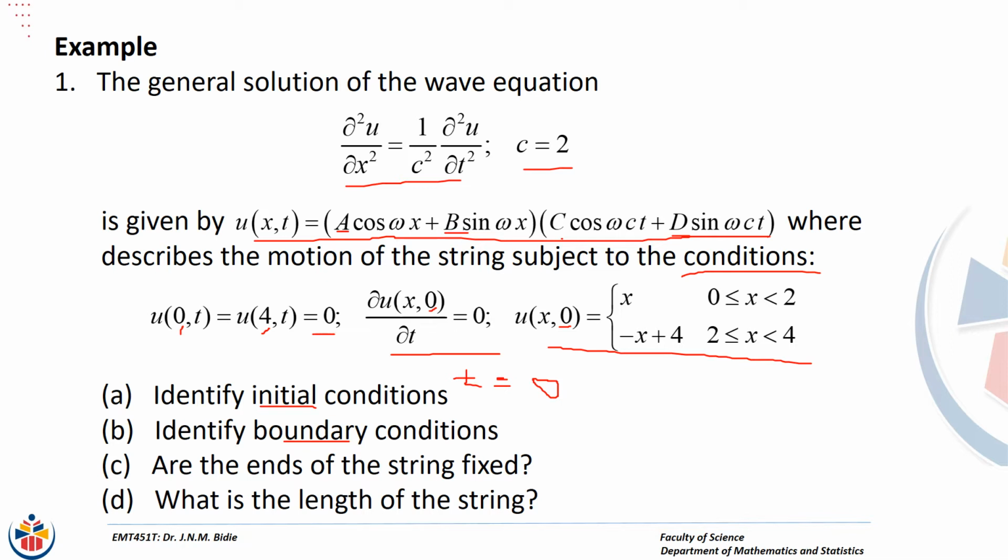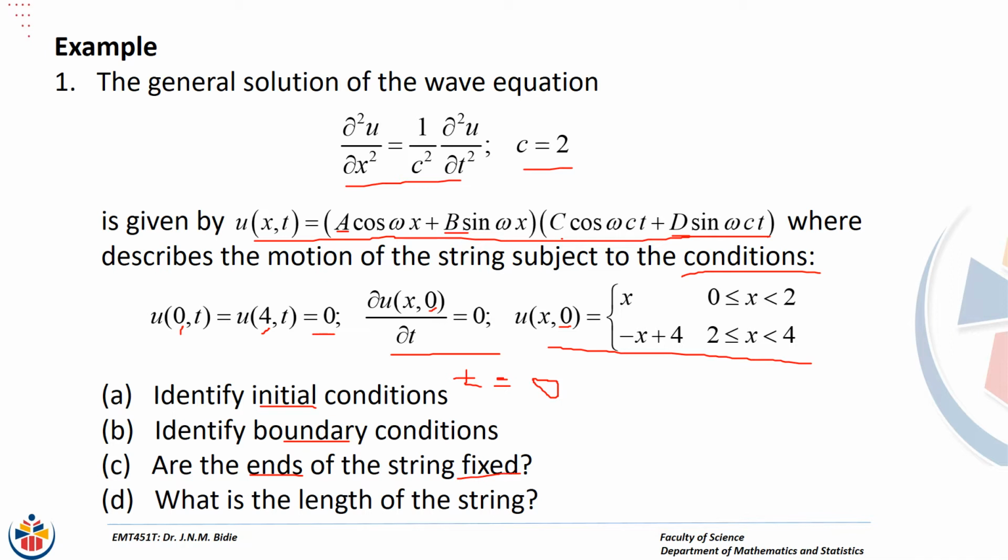So u of 0, t is equal to 0, and u of 4, t is equal to 0 as well. Those are our boundary conditions. Why? The value for x changes. We're starting on the left end when x is equal to 0, and on the right hand end when x is equal to 4.